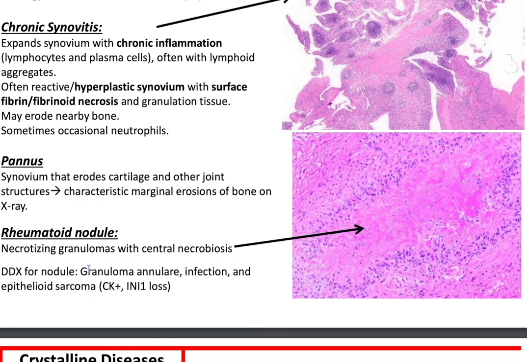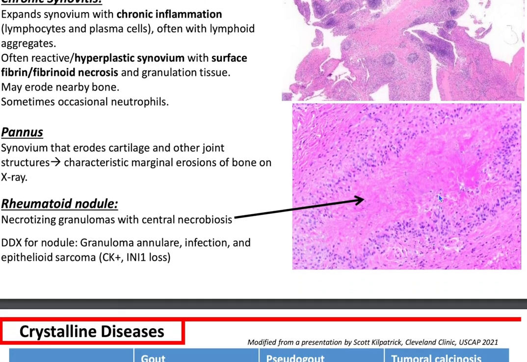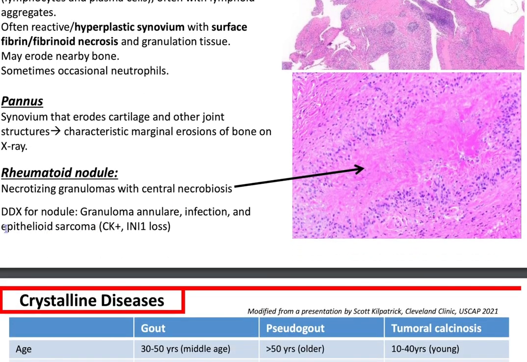Granuloma annulare, as you have learned in DermPath, is more of a bluish nodule, or especially that necrobiosis will look bluer. And yes, always have that differential in mind, epithelioid sarcoma, and molecularly it will have an INI1 loss.